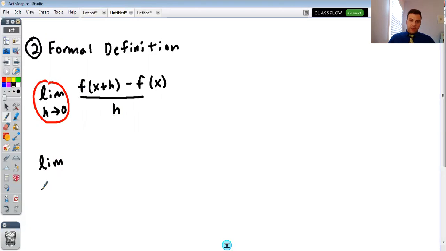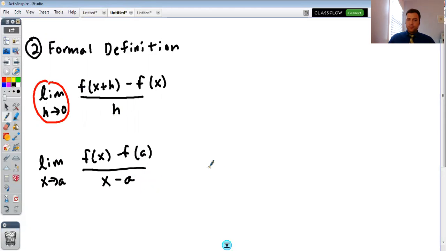Some other takes on this, maybe it's the limit as x approaches a of f of x minus f of a over x minus a. Where a could represent just a, or it could be a point that you are finding it at.